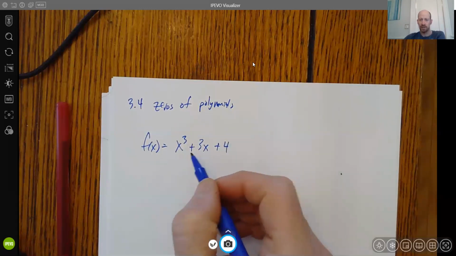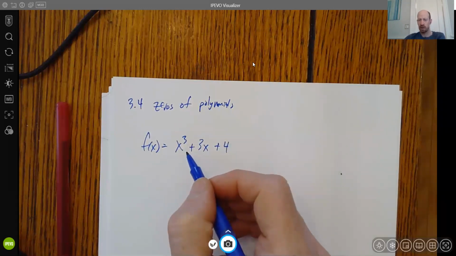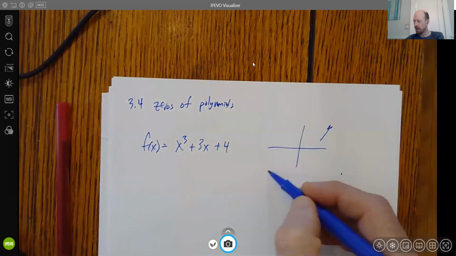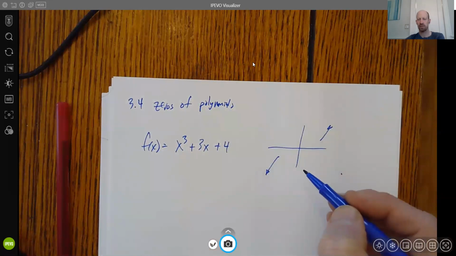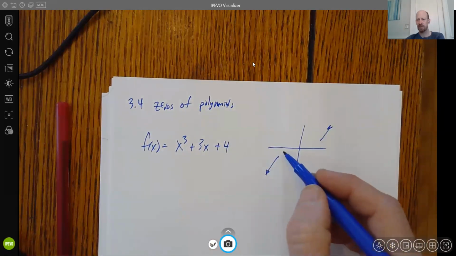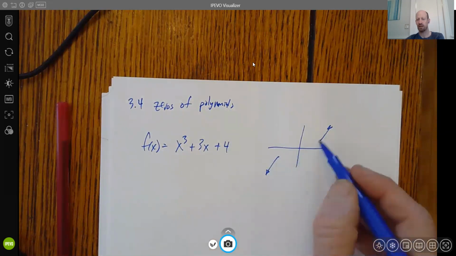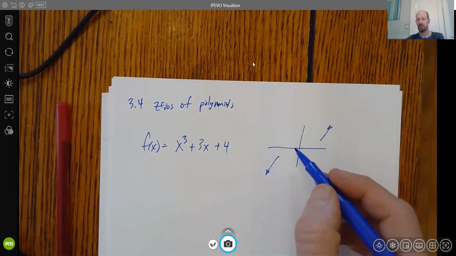We know some things about this. We know this is a cubic polynomial, so I know the end behavior is going to look like this. And that tells me that somewhere there's a zero, right? If I go from here to here, I have to connect that, and that's going to create a zero.